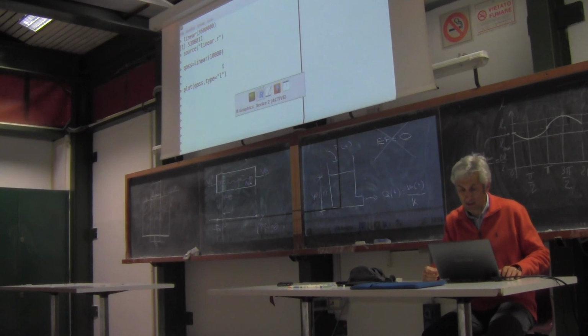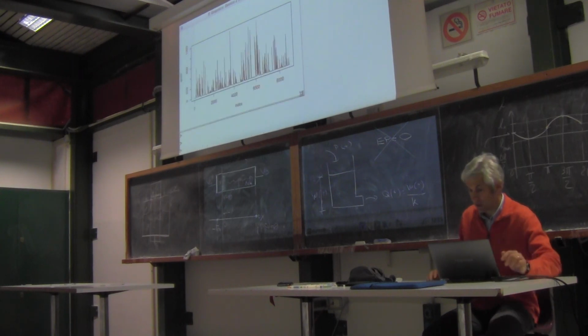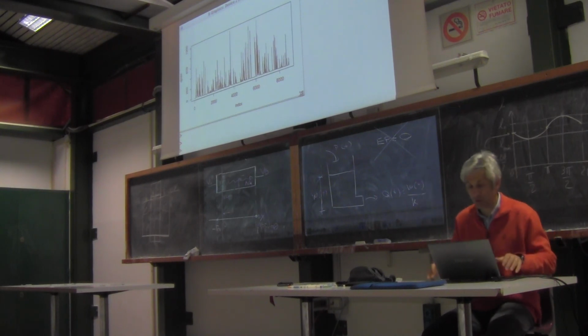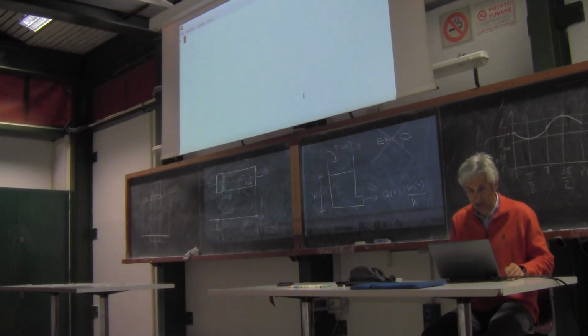Sorry, I forgot that I brought the screen up. But if we look at the diagram, you see that it's not very reasonable because it's too spiky. I need to smooth it. And in order to smooth it, what I need to do is to increase K. So let me put it at 50,000.